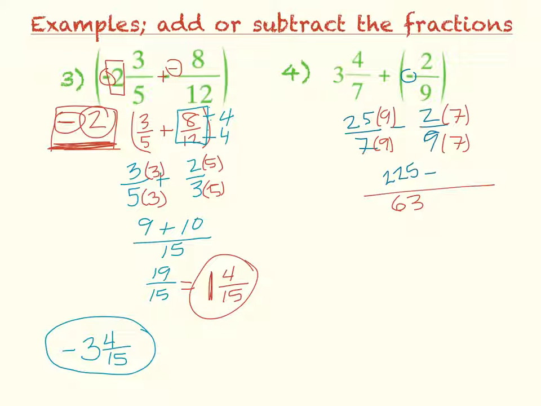And I'm subtracting off 2 times 7, which is 14. 225 minus 14 is 211 over 63. And if you check that one, that is your simplified answer. You may leave it as an improper fraction if you want, or you could change it back into a mixed number. Either one is fine.